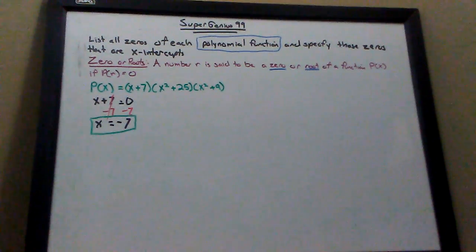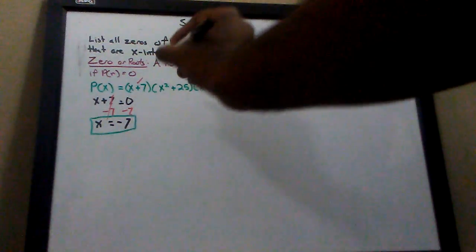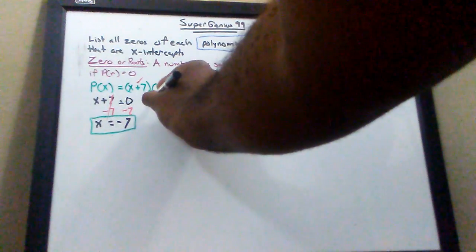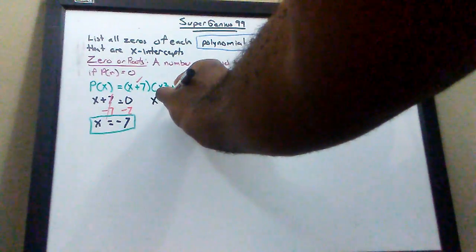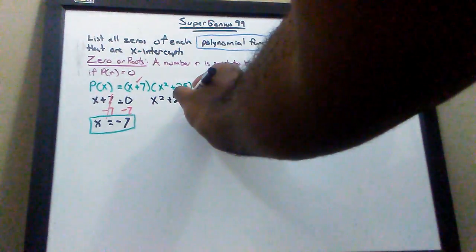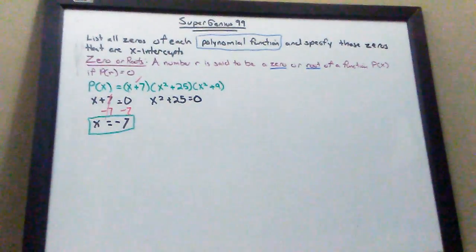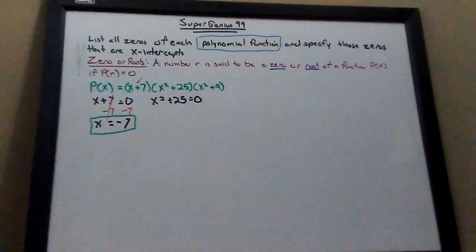Let's do the second one. X squared plus 25. Let's solve for 0. Okay, so x squared plus 25 equals 0. What do you want to do to solve it? How do you properly move the 25 over?